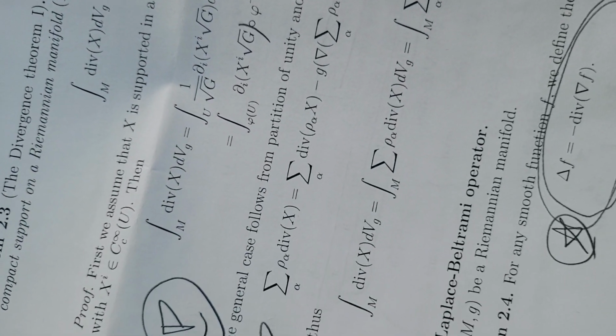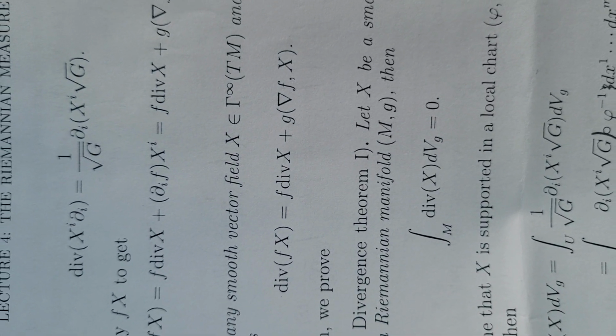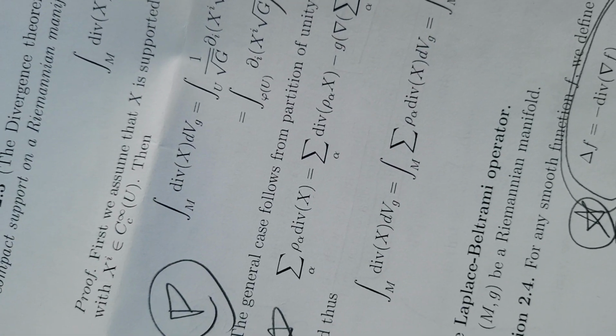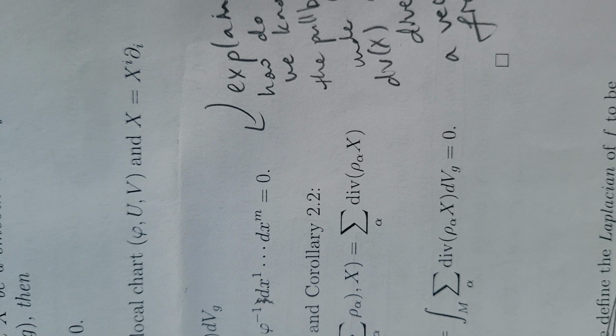Let me just show you what I'm looking at here. Yeah, so we have this divergence theorem, and you can see here that if we just insert a partition of unity, because of this product rule for the divergence at the center of the screen, the summation over alpha of rho alpha divergence of X is equal to the summation over alpha of the divergence of rho alpha X. So take a partition of unity and sum over it; the divergence of X is equal to the summation of the divergence of the rho alphas scaled by X. So as long as you keep the sum, the partition of unity is going to commute with the divergence, which is very powerful.